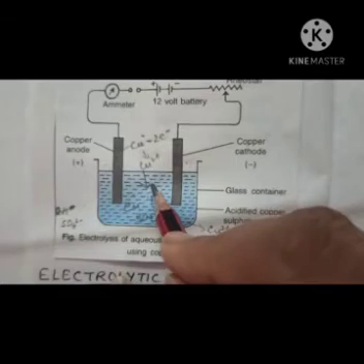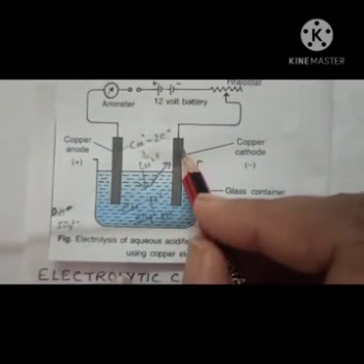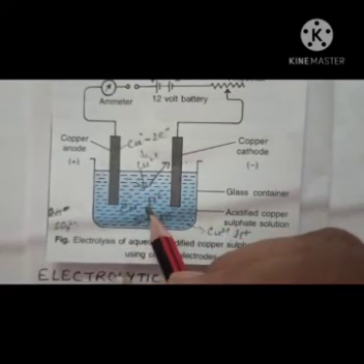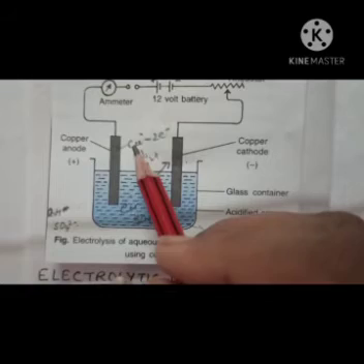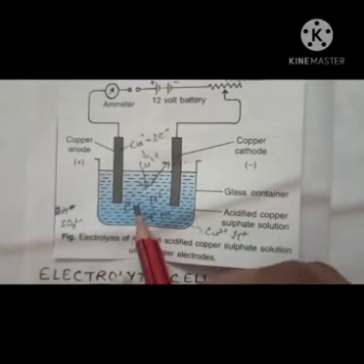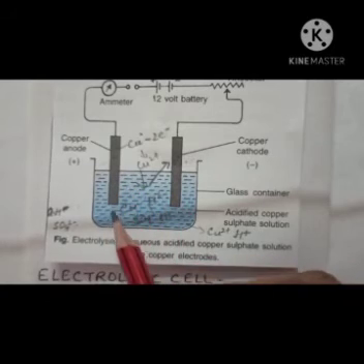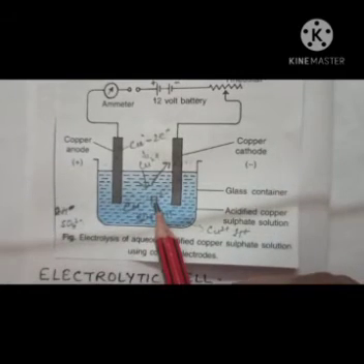Then they migrate towards the cathode and discharge there. In this way, copper ions which are discharging at cathode, on the other side, other copper ions are coming in the solution. So the color of this electrolyte remains blue.